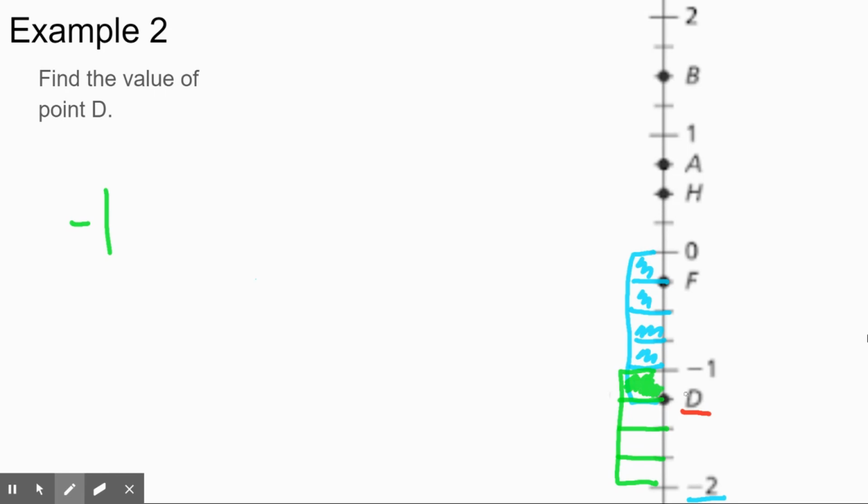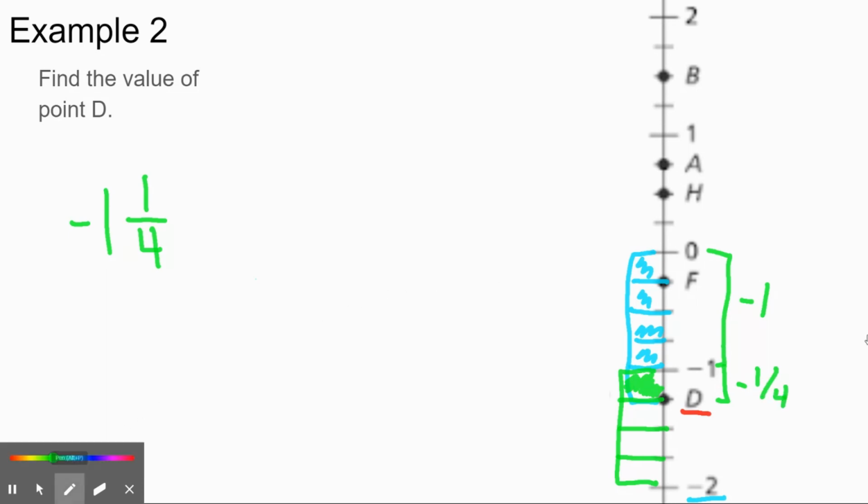And that means that we'll just have 1/4. Now, of course, these are negatives, so we need to bear that in mind. But we could just say that's -1 and 1/4. We've gone a whole 1 plus an extra little bit. So that's one way to do it.